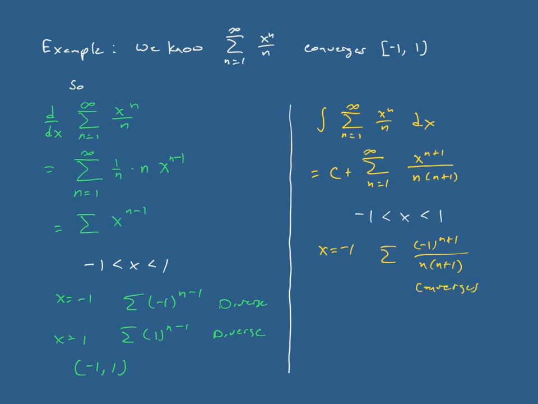If x equals +1, then I get the series of 1 to the n plus 1, which is 1, over n times n plus 1, which will converge by the limit comparison test to the convergent p series 1 over n squared. So this converges as well. So therefore, our interval of convergence here is the closed interval from -1 to 1. Okay.